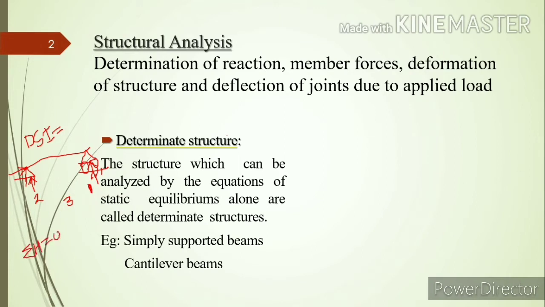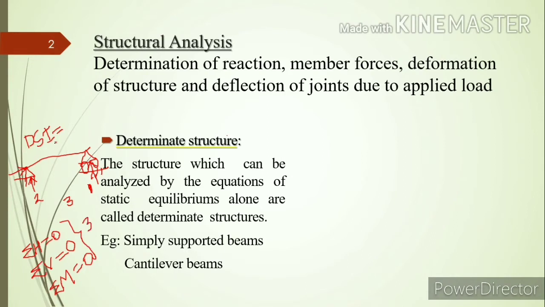Sigma H is equal to 0, that is, the total summation of the horizontal forces acting on the beam is equal to 0. Similarly, sigma V is equal to 0, that is, the total summation of the vertical loads acting on the beam is equal to 0. And the third one is sigma M is equal to 0, that is, the summation of the moments about any point is equal to 0. These are the three equations of equilibrium.